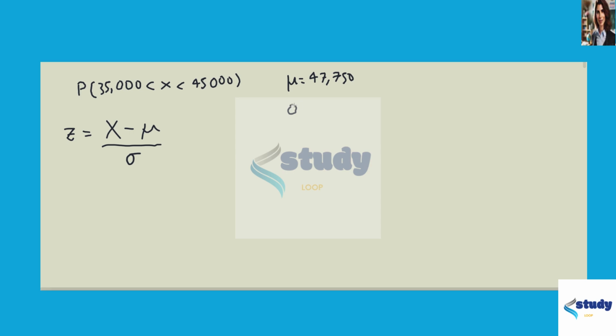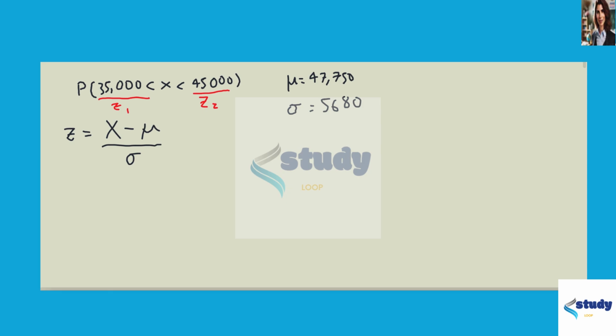We're also given that sigma, the standard deviation, is equal to 5,680. So we're going to find the Z value for these separate conditions, for 35,000 and 45,000. Let's set this one as Z1 and this one as Z2.